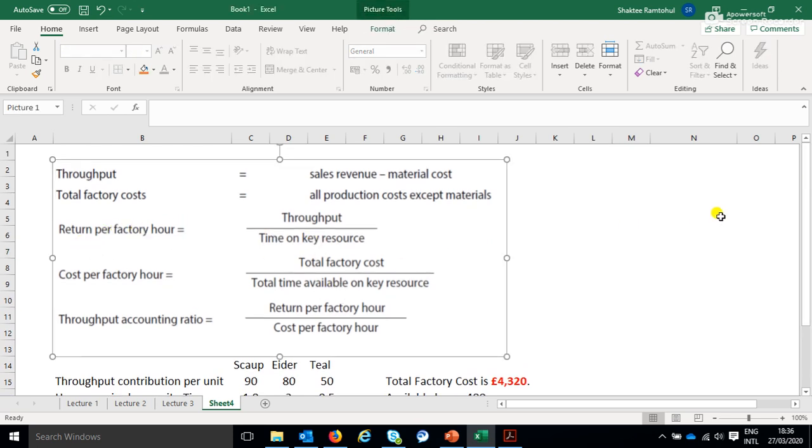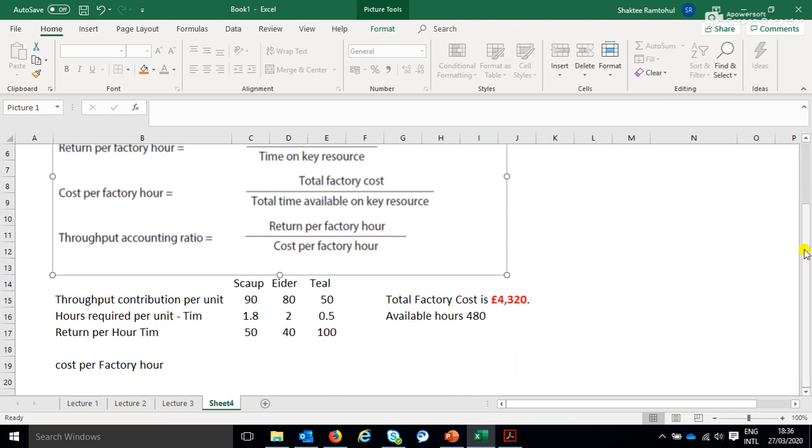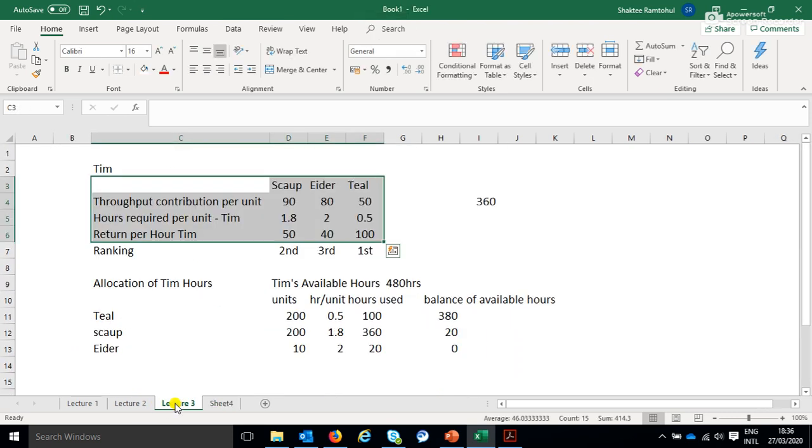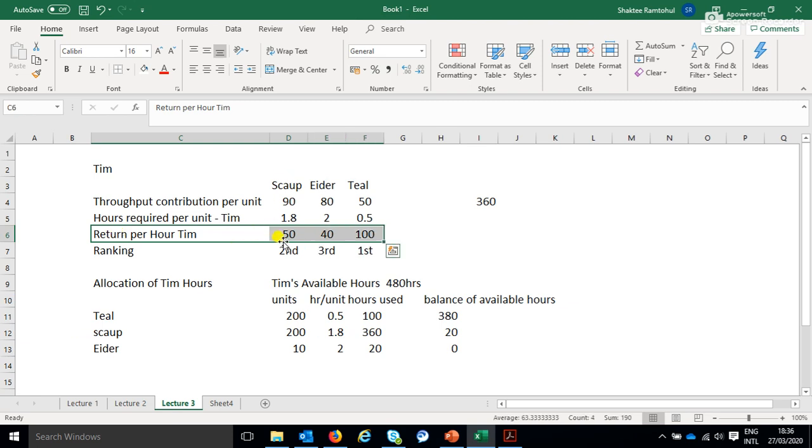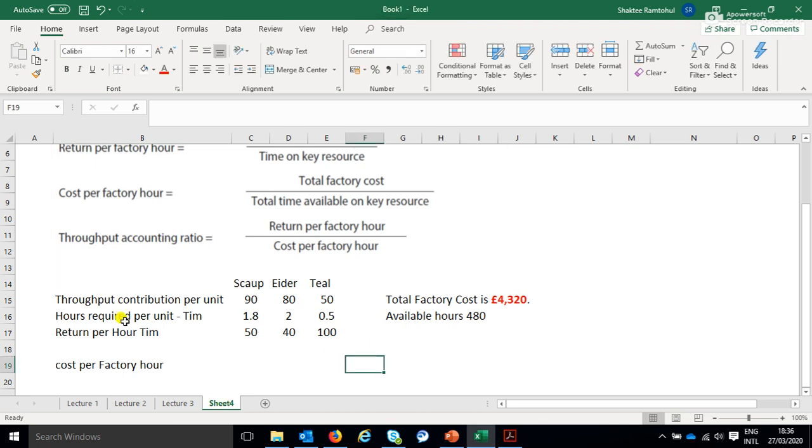Now, return per factory hour, if you think about it, we've done that already in lecture 3. So I'm going to take you back to lecture 3. Remember, we calculated the return per factory hour, and that was 50, and then 40, and then 100. I've just replicated that here in lecture 4.